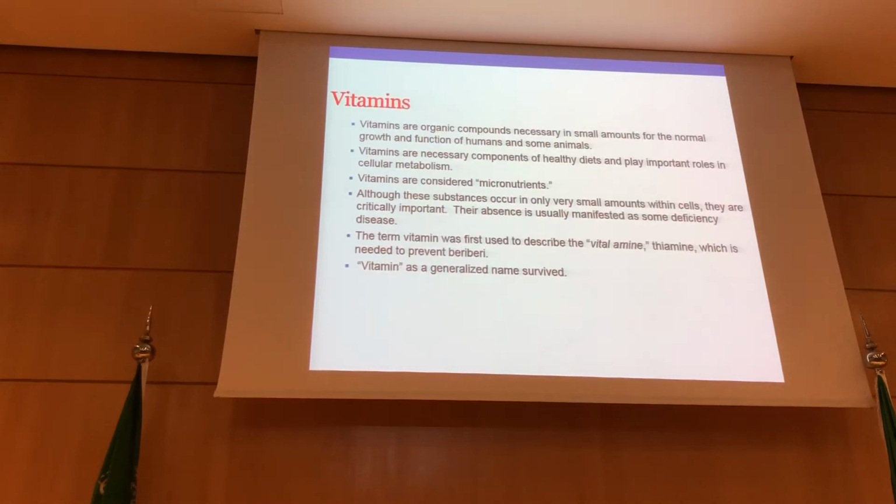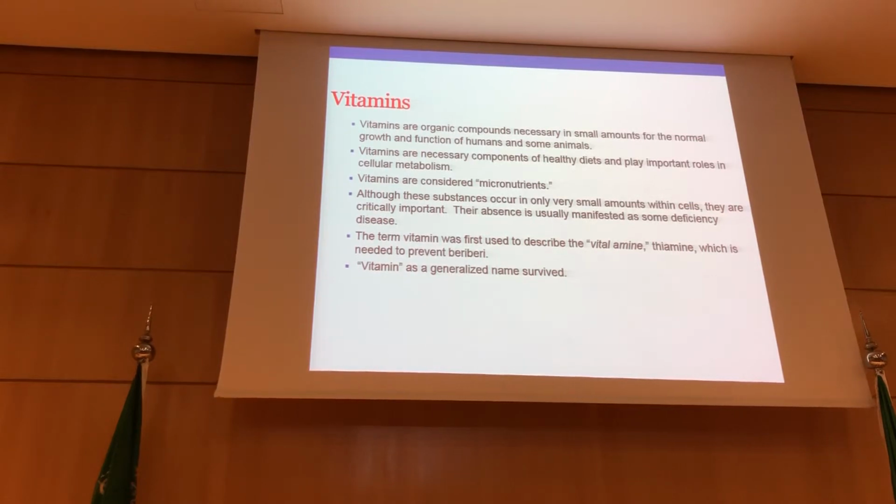Now, what are vitamins? Vitamins are organic compounds. They are important for our cells because they are involved in our metabolism, and they are required in the body in very small amount. That's why we consider vitamins as micronutrients.